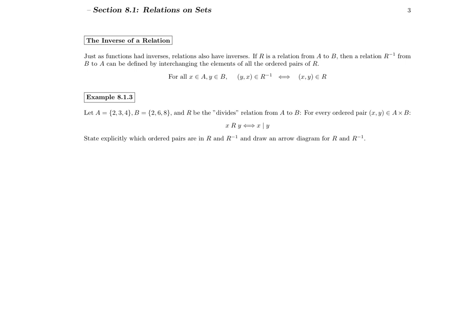We need to discuss the inverse of a relation. So just as functions had inverses, relations also have inverses.